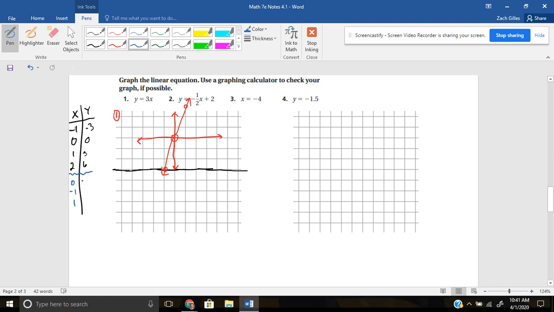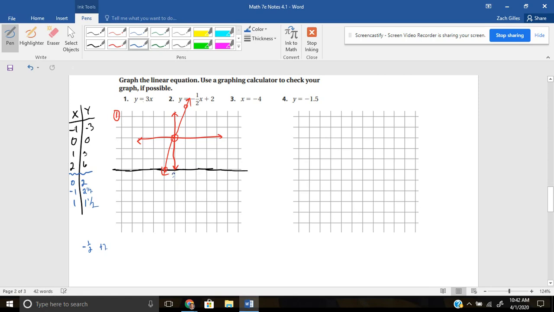Plus 2 is 2. -1/2 times -1 would be +1/2. +1/2 plus 2 would be 2.5. And lastly, -1/2 times 1 would be -1/2. And -1/2 plus 2 would be 1.5.